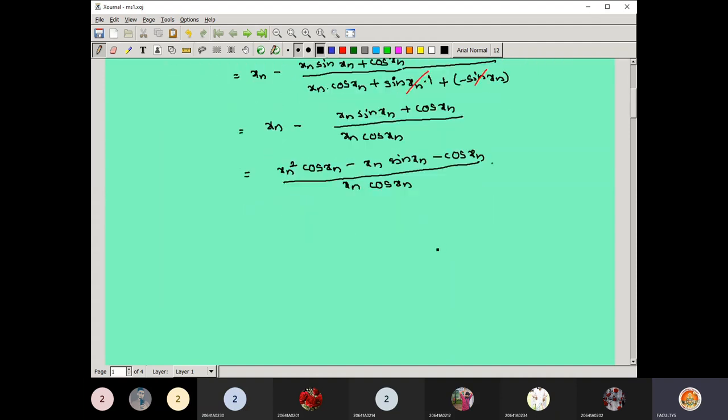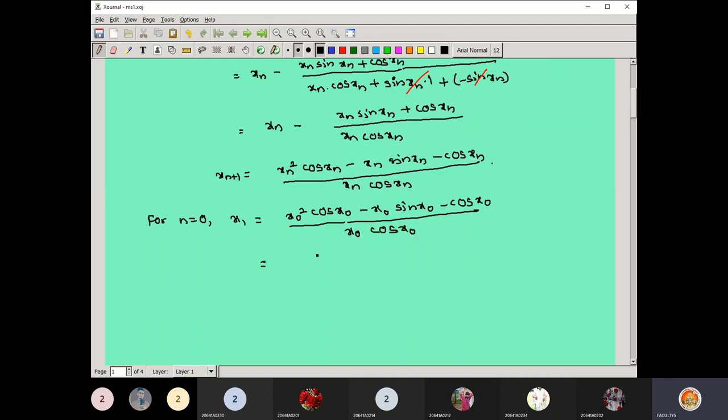Now you substitute the different values for n. For n equal to 0, starting with 0, x1 equals x naught square cos x naught minus x naught sin x naught minus cos x naught, overall divided by x naught cos x naught.